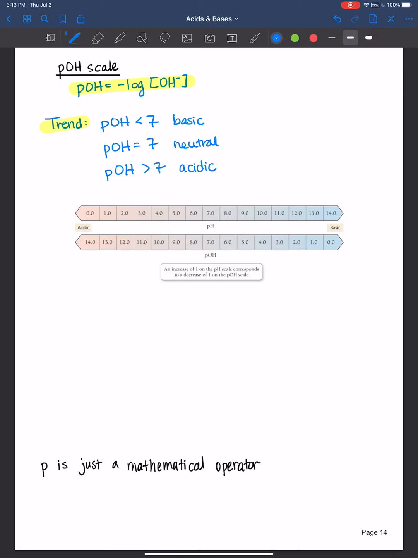All right, I'm going to come back to the water autoionization equilibrium constant expression, Kw, is equal to the concentration of the hydroxide ions times the concentration of the hydronium ions. We're going to be working at 25 degrees Celsius, so Kw is 1 times 10 to the negative 14th. I'm going to take the log of both sides.